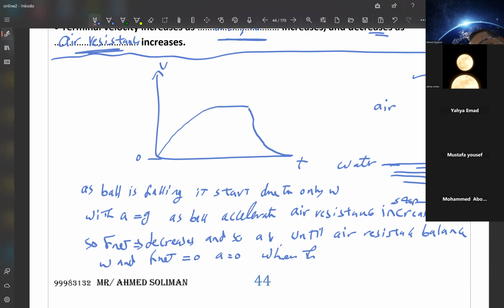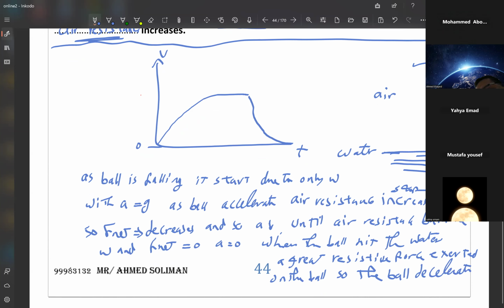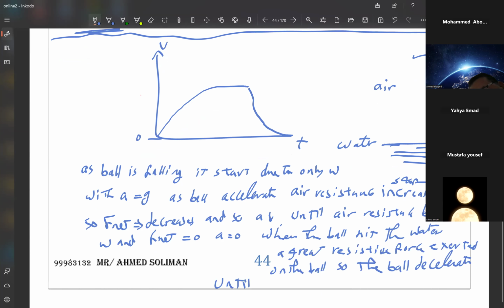Now, when the ball hits the water surface, a large resistive force is exerted on the ball, so the ball decelerates until the resistive force balances weight and F net equals 0.